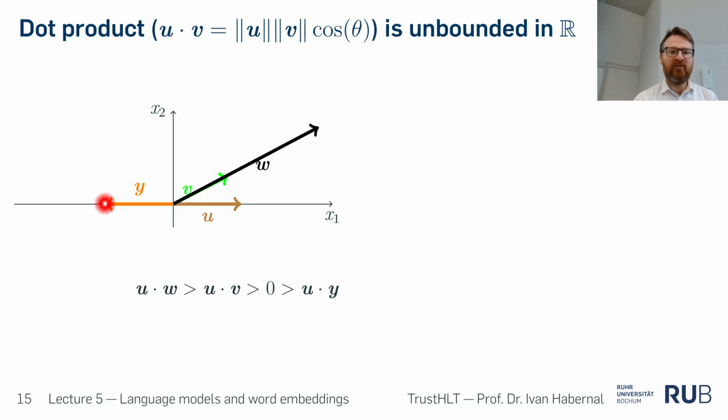And of course, if we make this bigger, then the dot product becomes an even smaller number. So this is interesting: the dot product depends not only on the angle between these two vectors, but also on their length, because we're multiplying by the Euclidean norm.